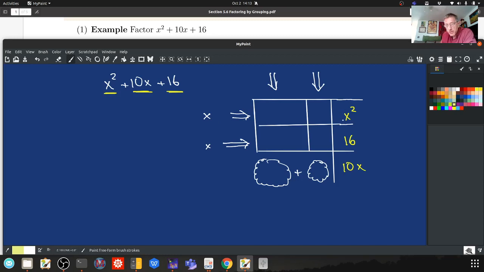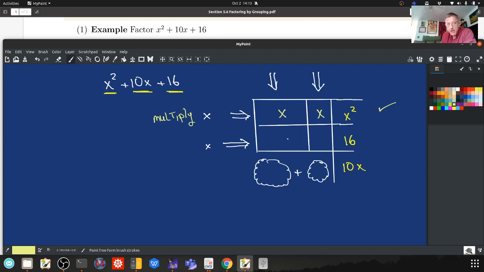The leading coefficient is 1, so I put an x and an x there. These x's mean multiply, it doesn't have anything to do with the unknown. When I multiply x times x, I get x squared. And I'm done with that first row.